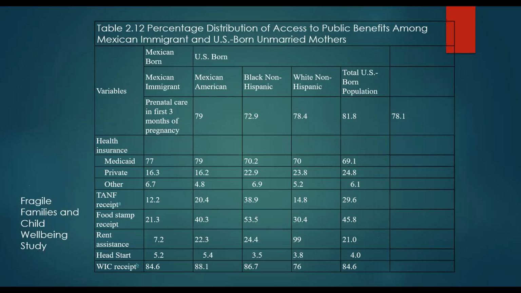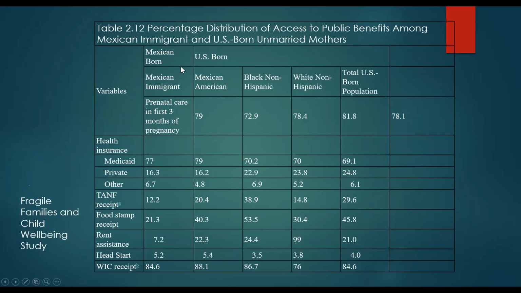Okay, so here we're looking at the percentage distribution of access to public benefits amongst Mexican immigrants and US-born unmarried mothers. Take a deep breath, that was a long title. First off, you don't do that. Have a much simpler title when you come up with your things, with your research. But here's the variable. So it breaks down into two.